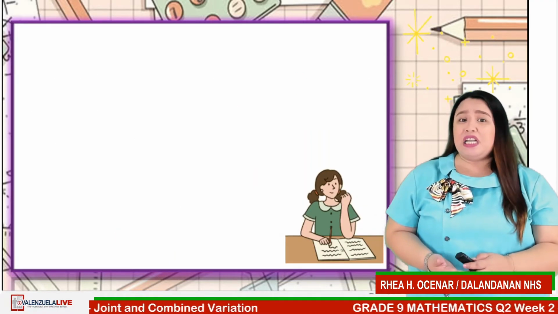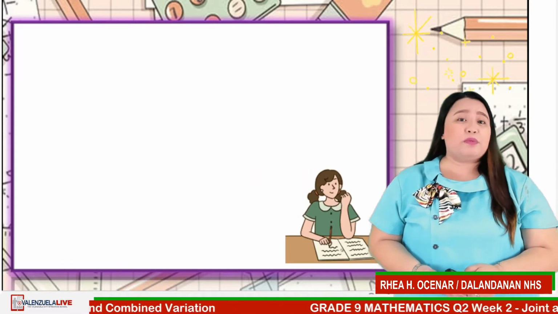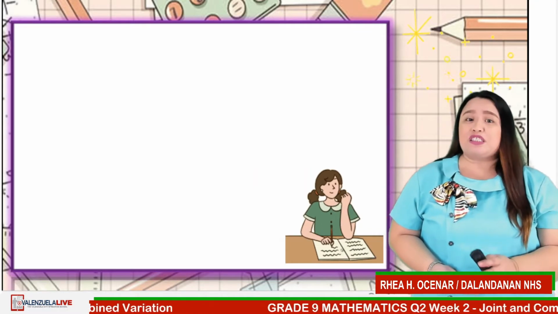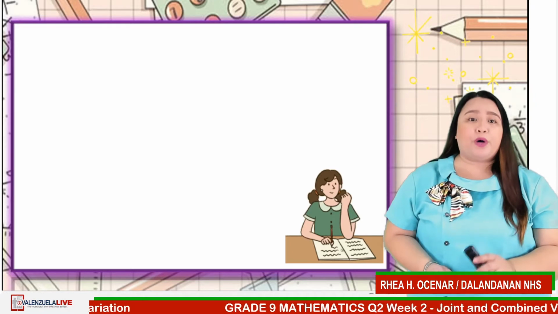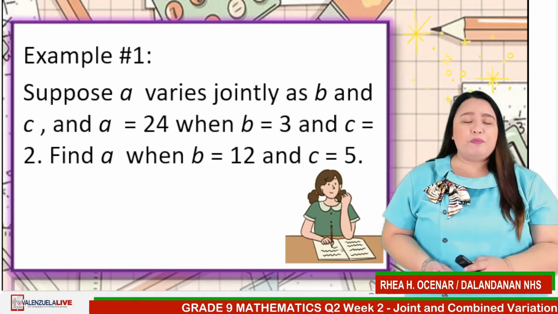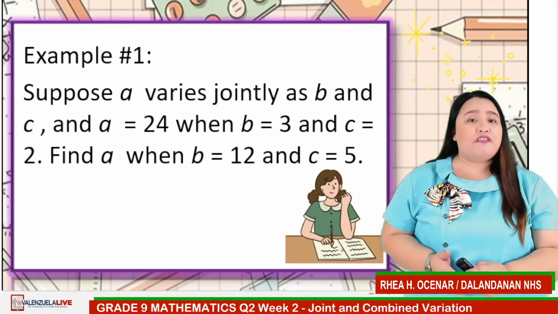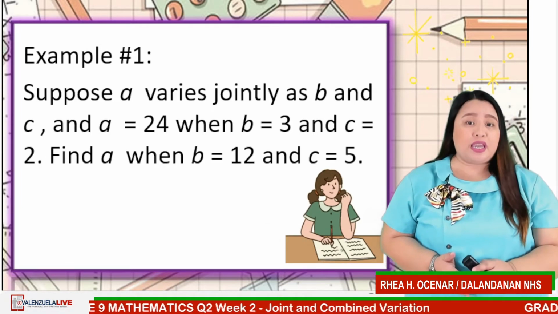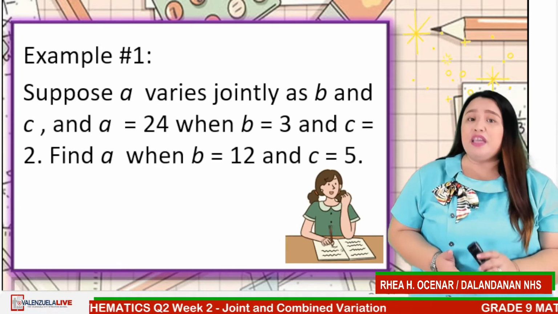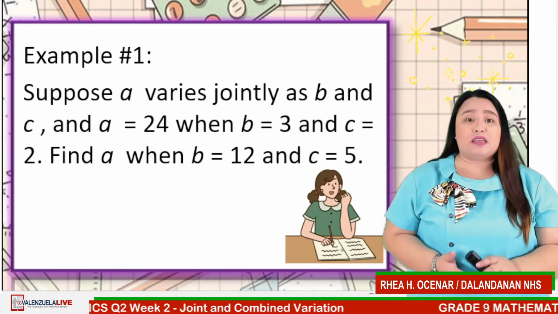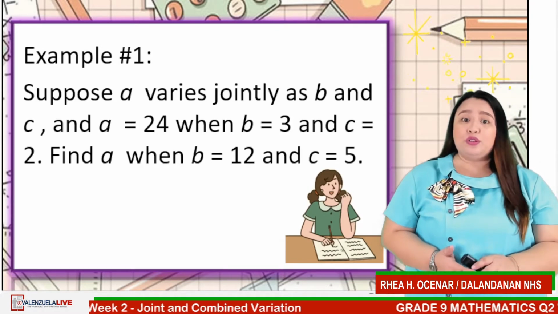So after dealing with translating the statements into mathematical equation, let us focus on the following problems. Example number 1. Suppose A varies jointly as B and C, and A is 24 when B is 3 and C is 2.